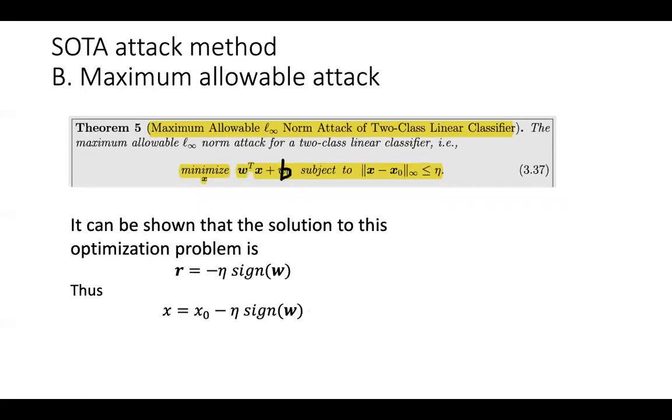Because I'm introducing one of the state-of-the-art attacks, so that's how they modify the allowable attack. There's no reason. And it can be shown that the optimal perturbation for this optimization problem is minus eta times the sign of W.